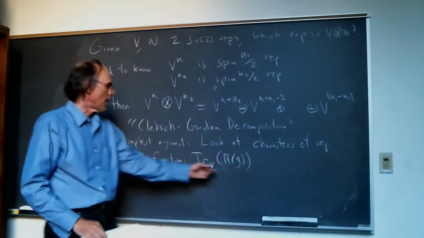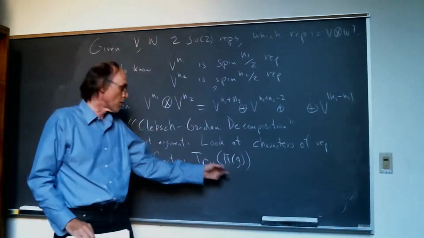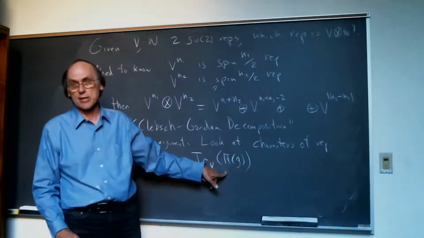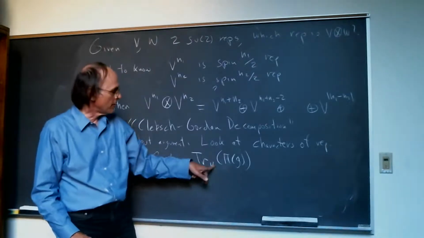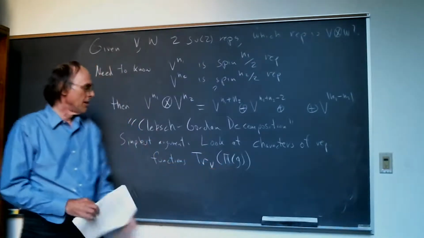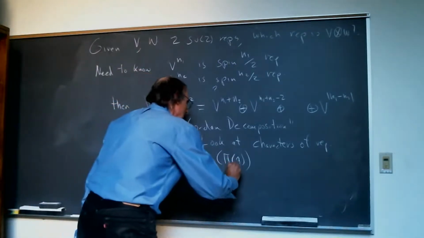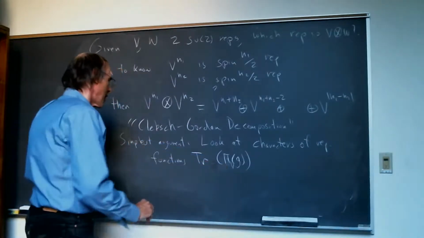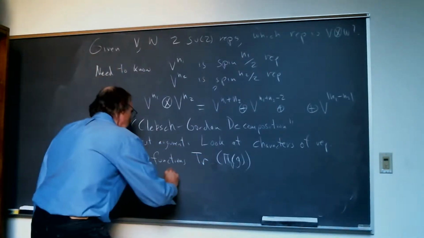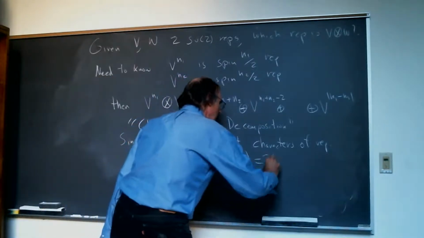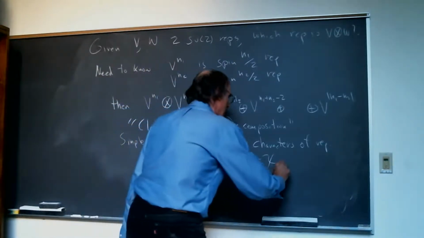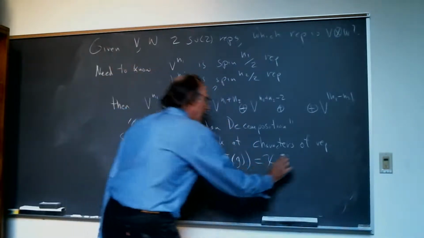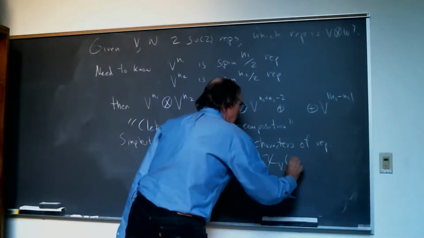So these pi of g's are matrices, and whenever you have a matrix, one for each g, you can take the trace of the matrix, and the trace is a number. This is something called the character of the representation, chi V of g.